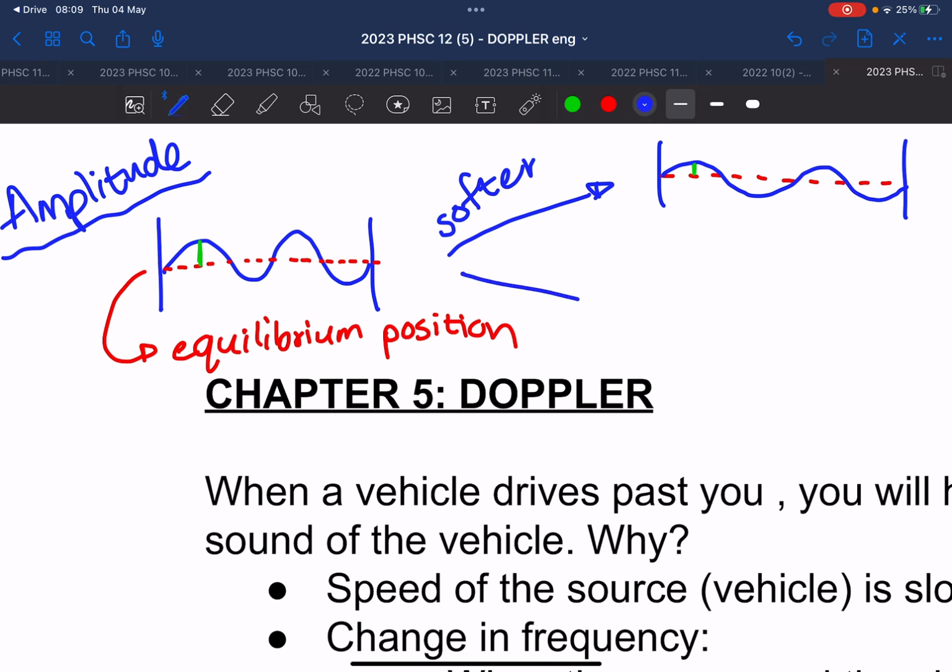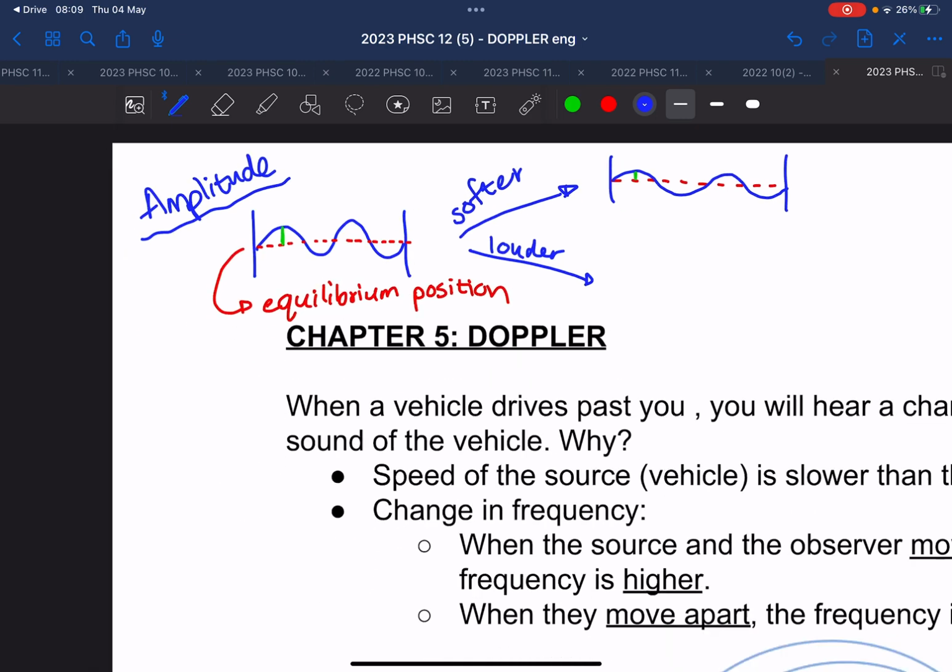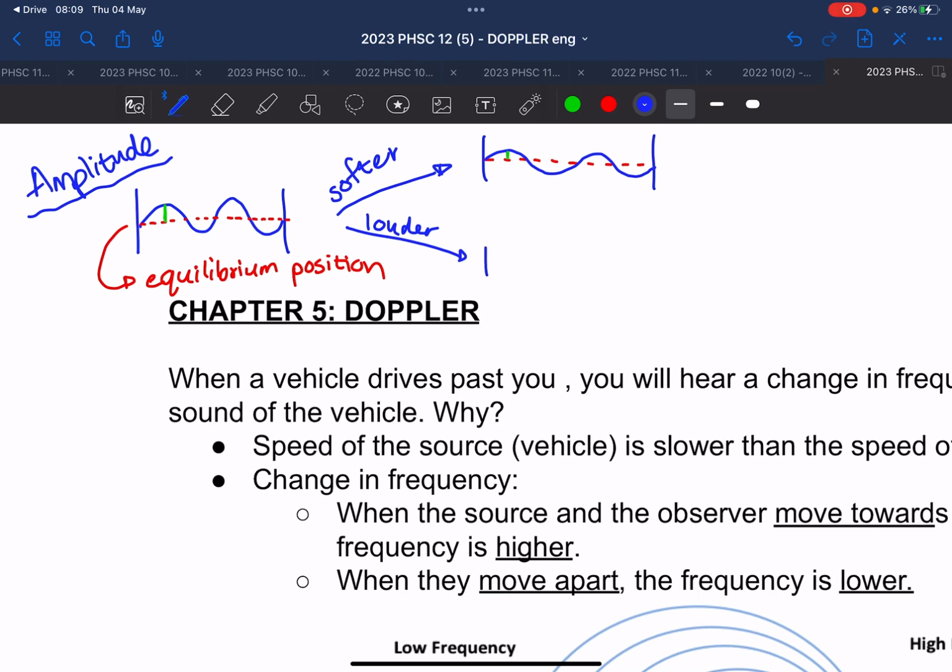Okay, and if we make this louder, then we would still have two waves. We're not changing the frequency, we're not changing the length. Still have two waves, but now it's going to be a higher amplitude.